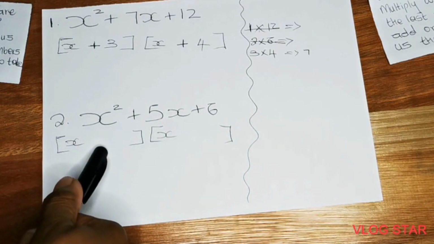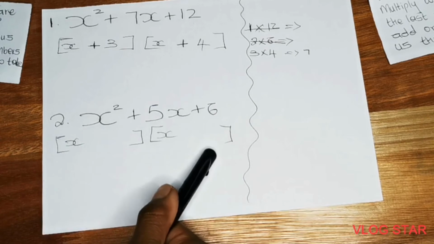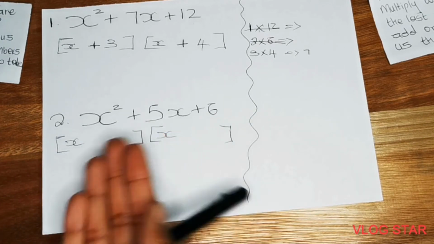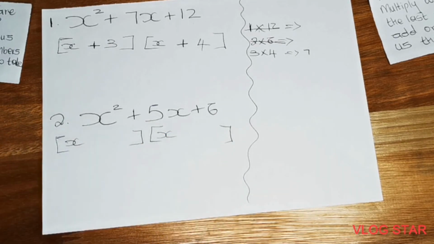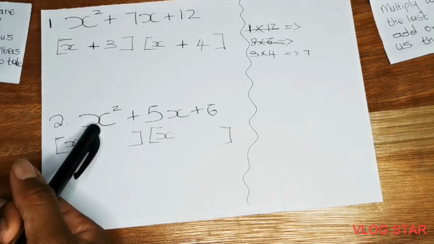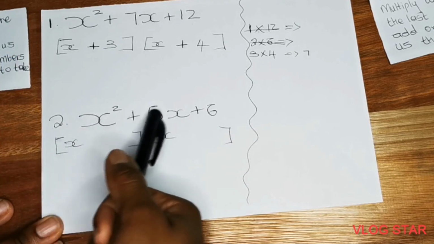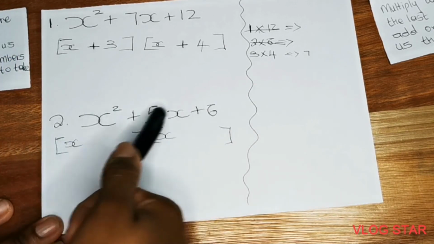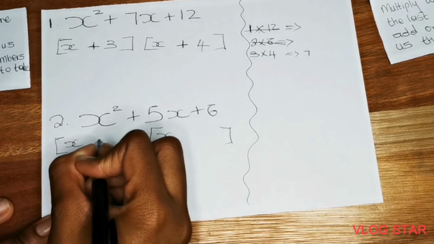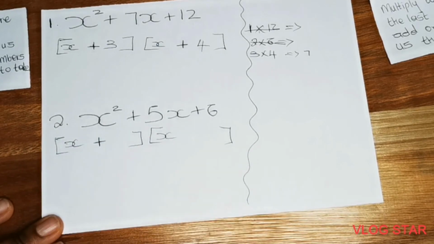How do we know the sign? We know the sign by the type of trinomial we are dealing with, which has all terms being positive. So all our numbers inside the bracket will take a positive sign.